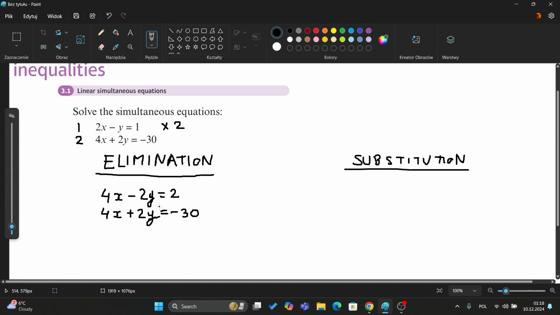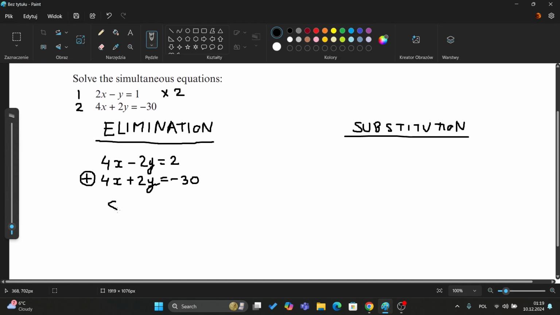What happens here is that we have two values that are similar, 4x and minus 2y and 2y. I'm going to choose to eliminate the y's. To eliminate the y's, I need to do minus 2 plus 2, so I add the equations together. So 4x plus 4x is 8x, negative 2y plus 2y is 0y, and 2 plus minus 30 is negative 28.